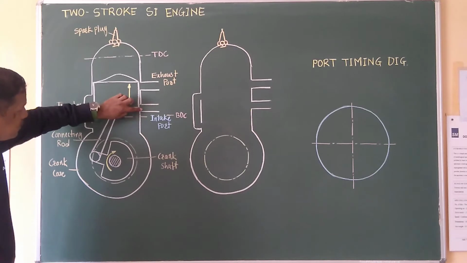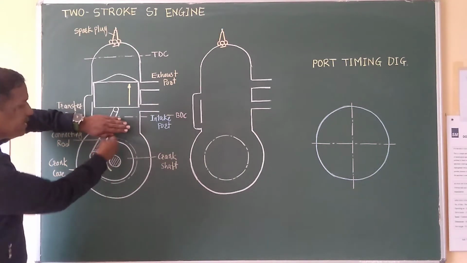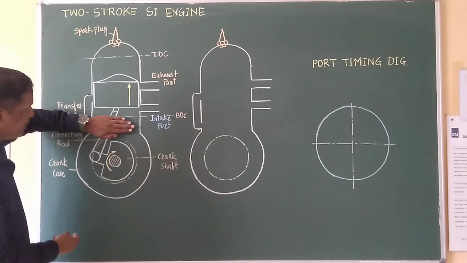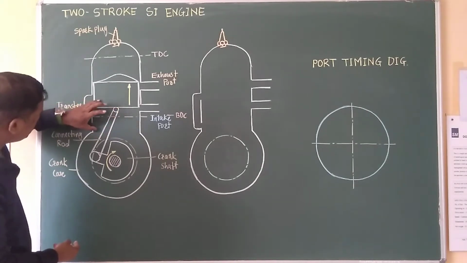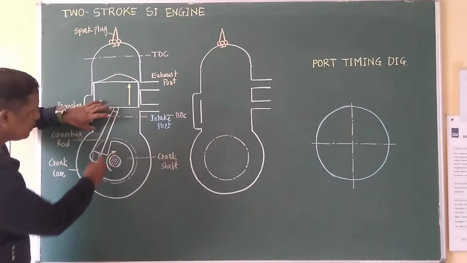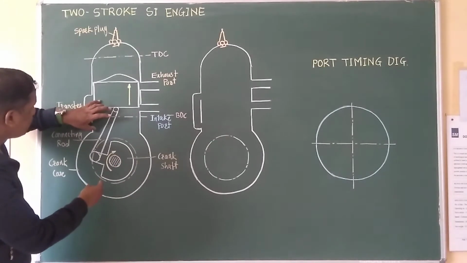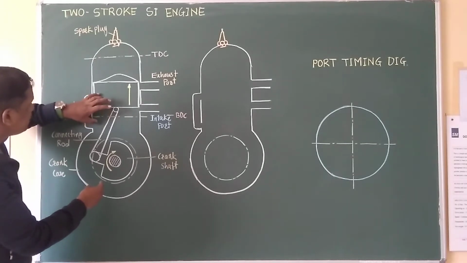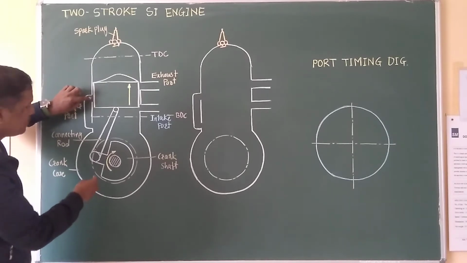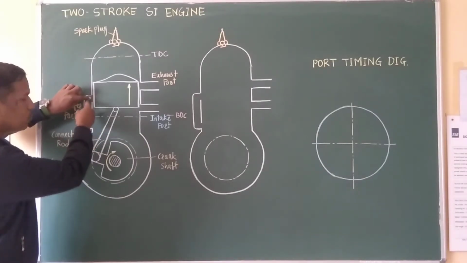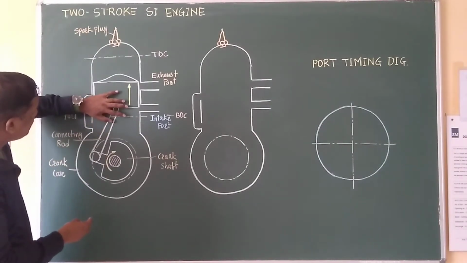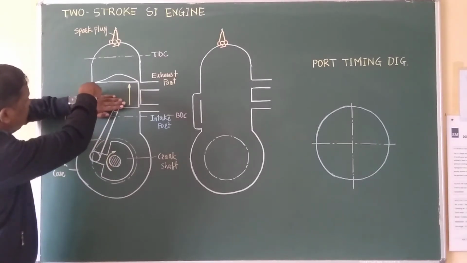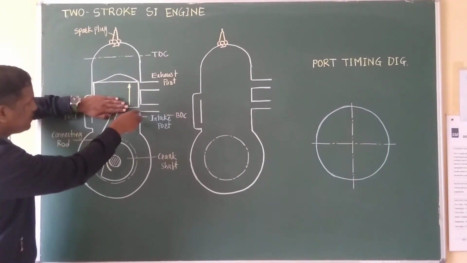When it is here, it is closing this transfer port entry. When it is moving upward, still it is closed because of the height of the piston. This is closed, so on this side a negative pressure is created. Now it moves a little bit more upward, then it will close this opening.